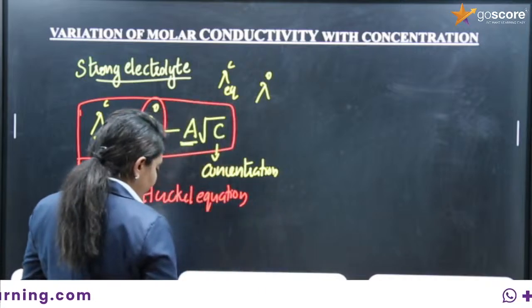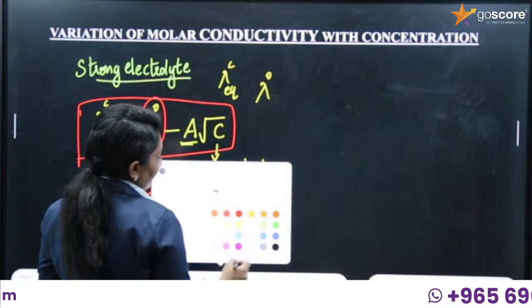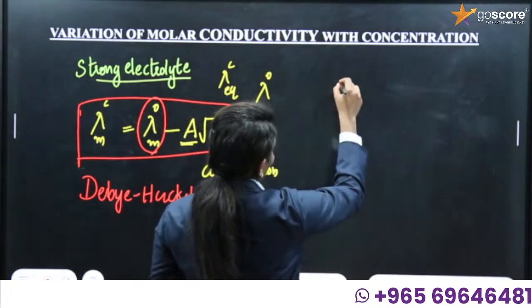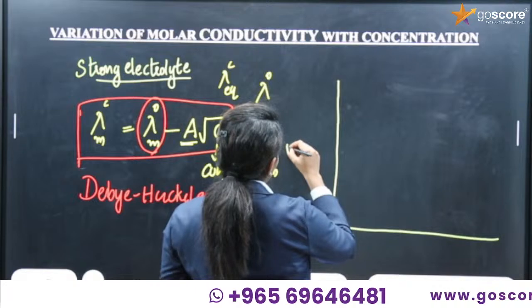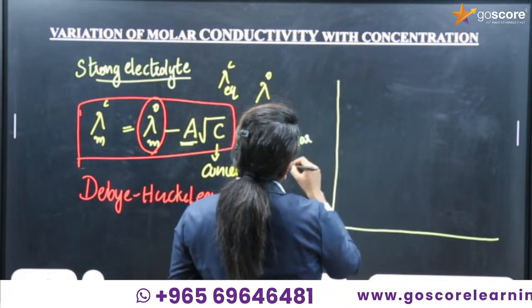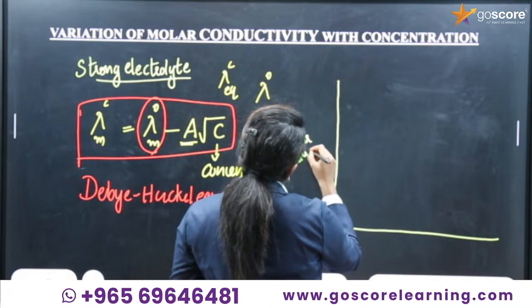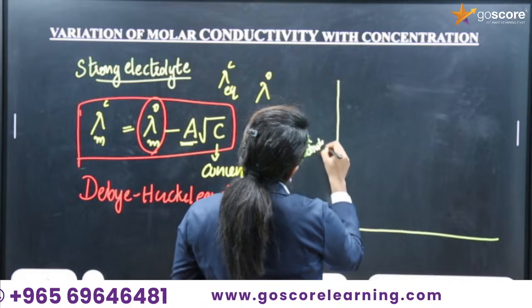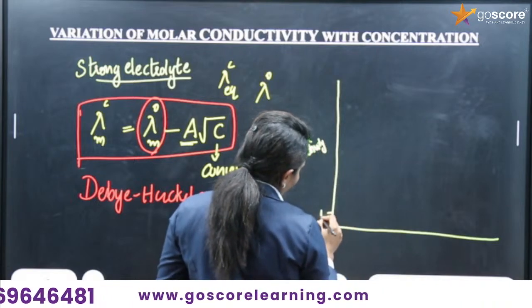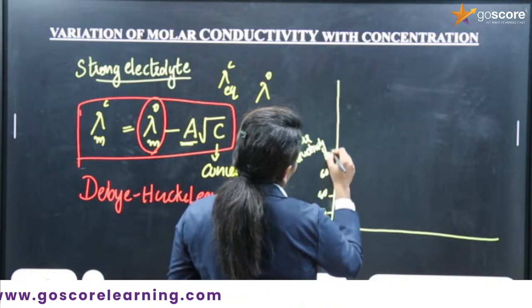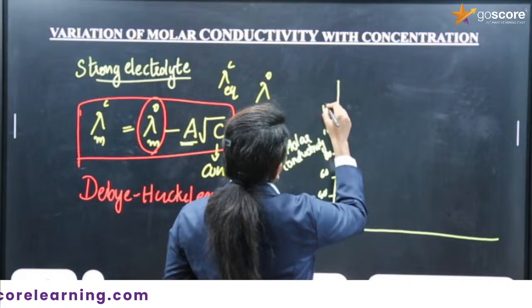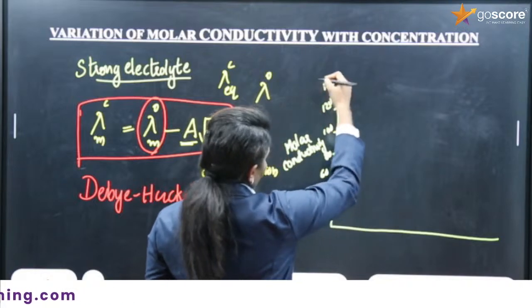Okay. Here I am plotting a graph. We can plot a graph of molar conductivity on the y-axis. I am taking the values 20, 40, 60, 80, 100, 120, 140, like that.